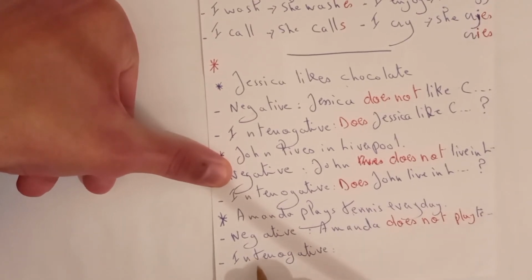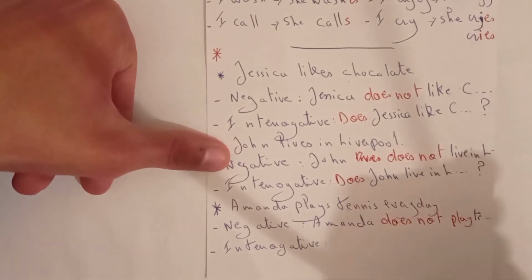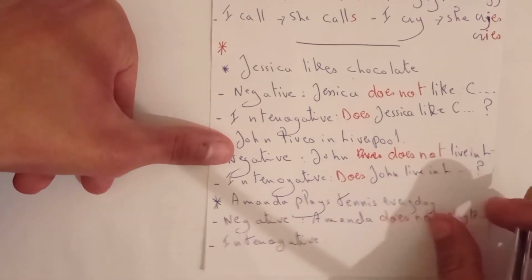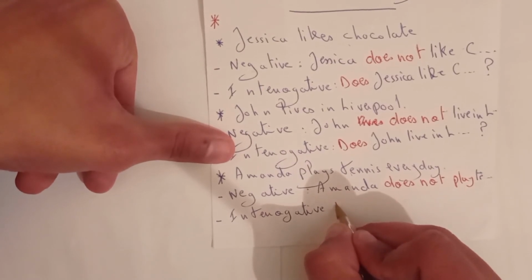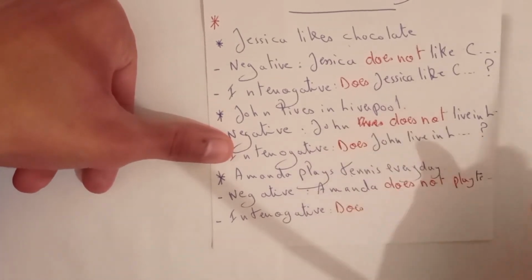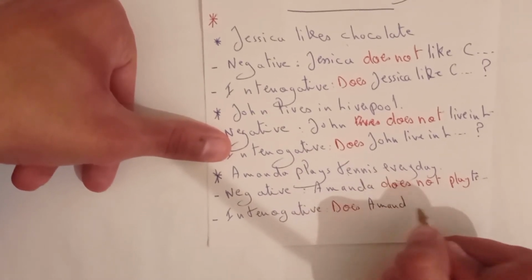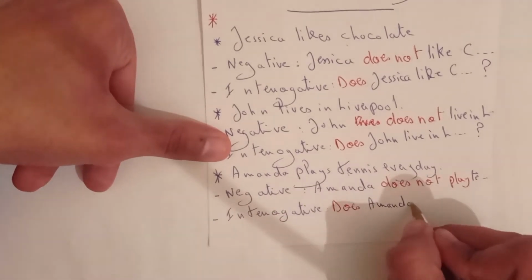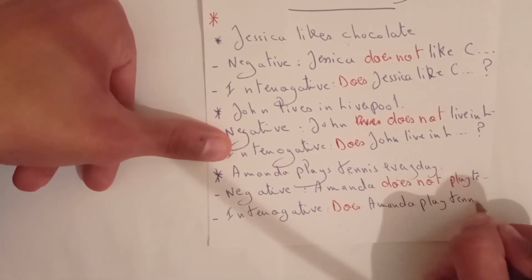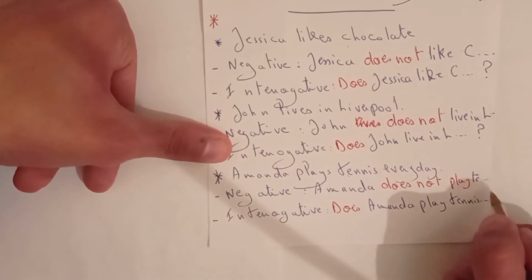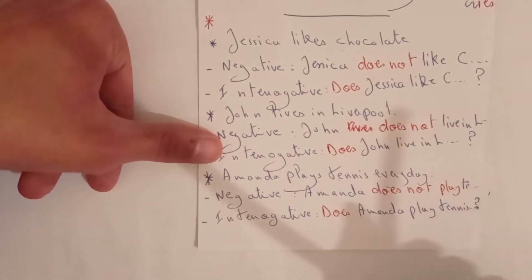To have an interrogative sentence or a question, what do we start the sentence with? We start the sentence with auxiliary. Good. Does. Why does? Because we have Amanda. Does Amanda play tennis every day? And we have a question mark at the end of the sentence.